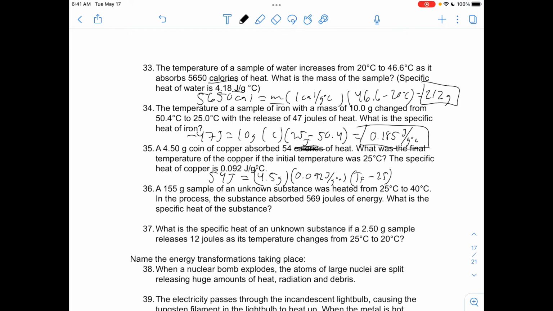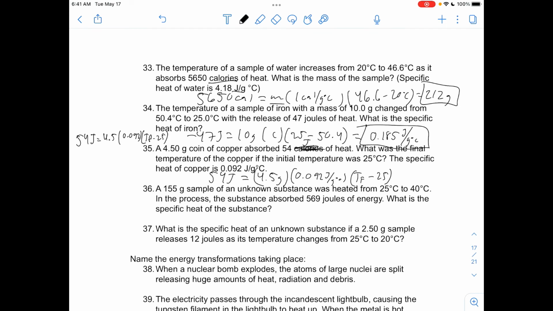I'm going to distribute this to the TF and then solve for it eventually. So I'll do it over here: 54 joules is equal to 4.5 times 0.092 times TF minus 25.